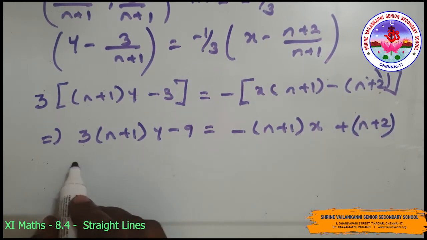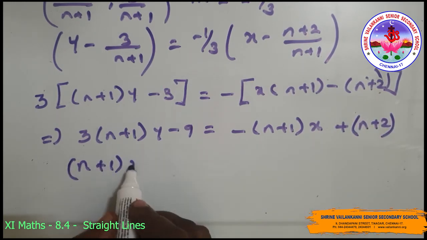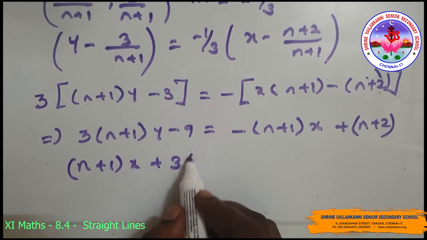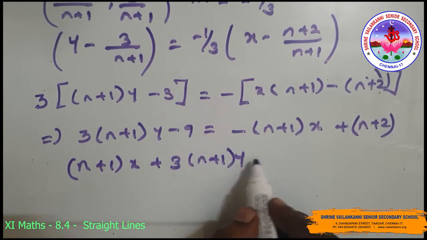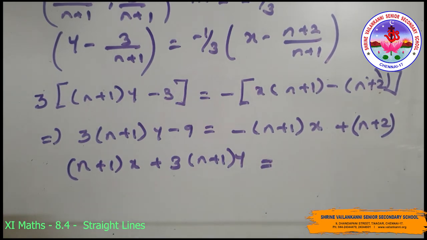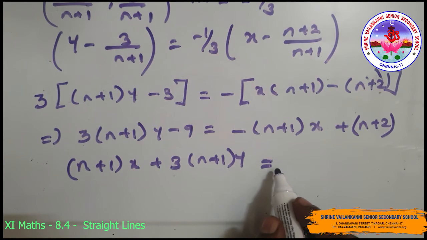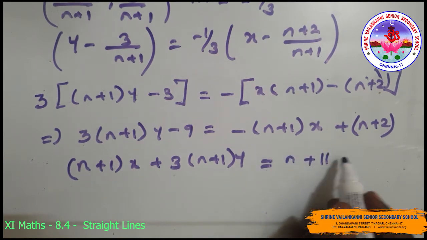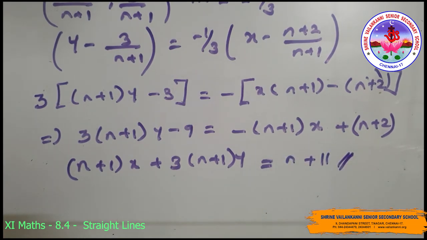So we get (n plus 1) into x plus 3 into (n plus 1) into y equal to n plus 2 plus 9. So we get n plus 11, which is the equation of the line.